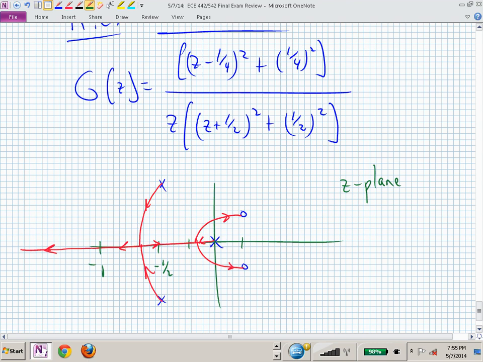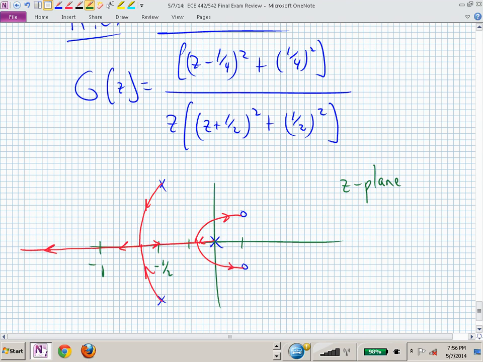A departure point, right? A breakaway point. Not a re-entry, but a breakaway. And that's going to occur at a relative maximum, because as I get closer to this, my k is decreasing, isn't it? Because that's where I started, was at the pole.